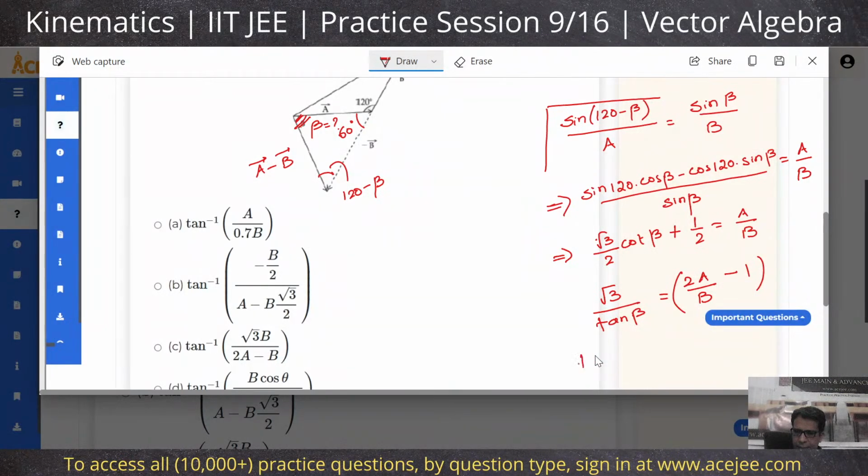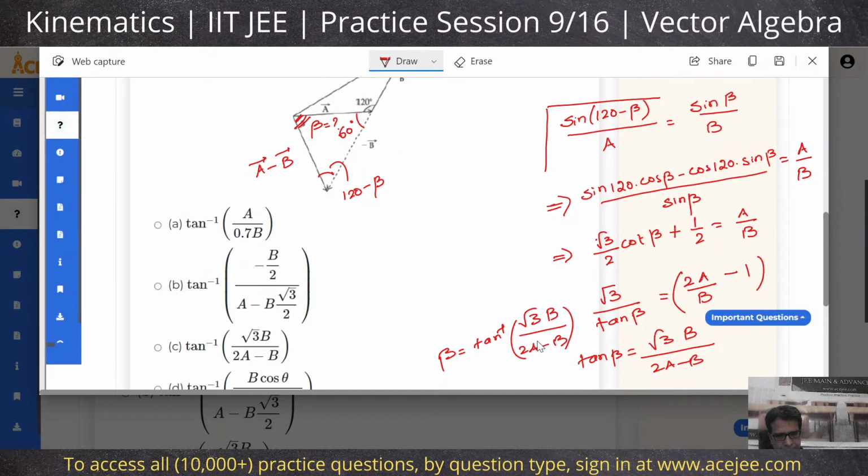Or I can say tan beta is root 3b divided by 2a minus b, and beta is tan inverse of root 3b by 2a minus b.